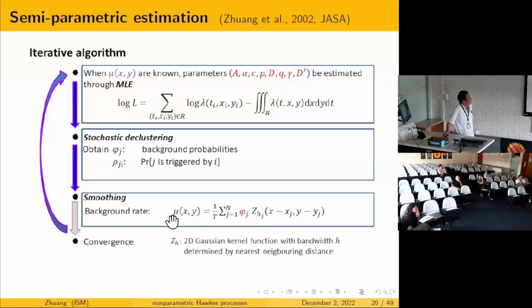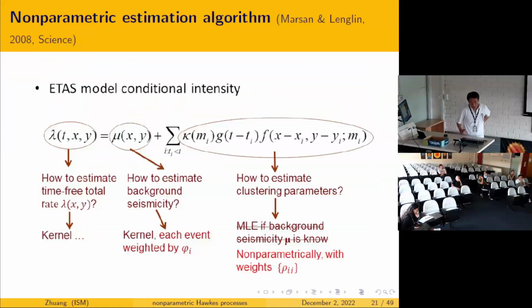And then after we have this background, we go back to this one and carry out such iteration until we have convergence of the results.